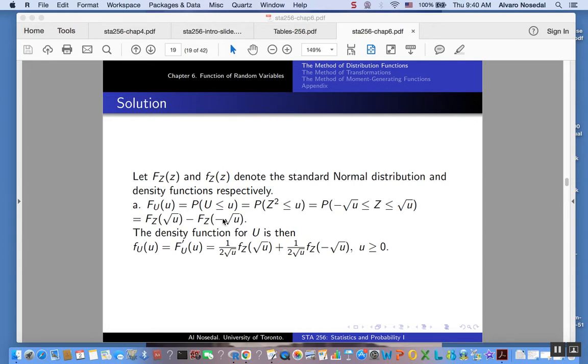But then what we end up with is minus 1/2 u to the negative 1/2. So we just do the math, minus times minus, and then we have this. Okay, make sense? This is just a result. This term, 1 over the square root of 2 times square root of u, is just a result of applying the chain rule.